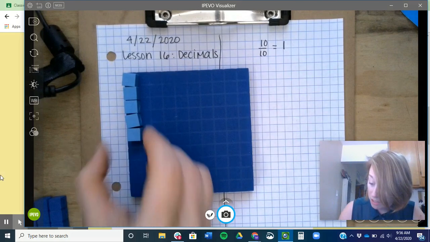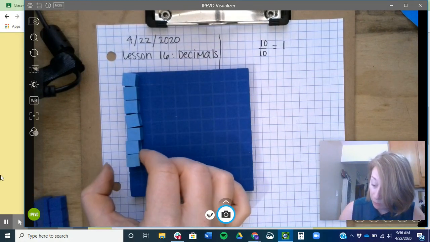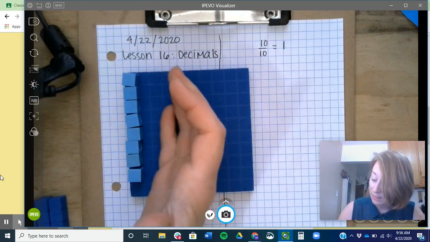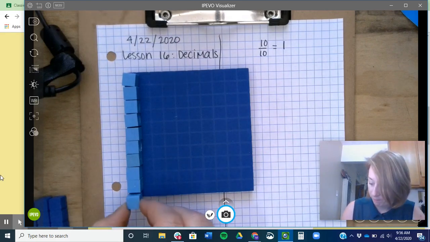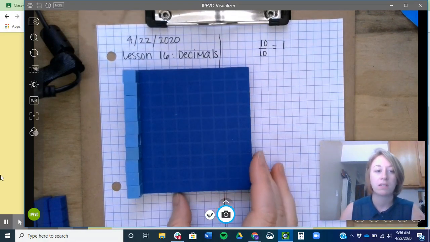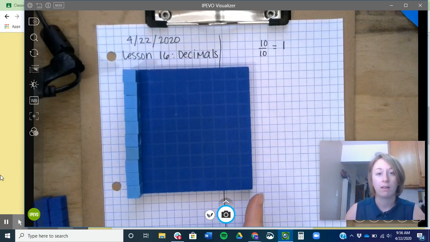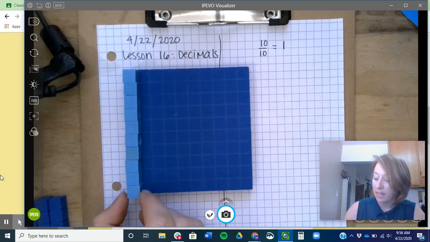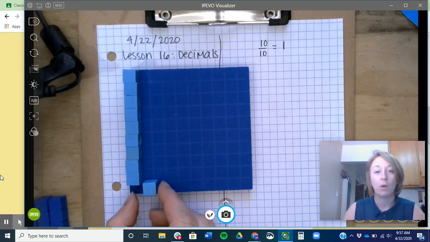And as you can imagine, it would fill up this whole entire block, and there would be 100 of them. So if I filled all of this with all of these ones, there would be 100. And that means that each one would represent 1/100th.